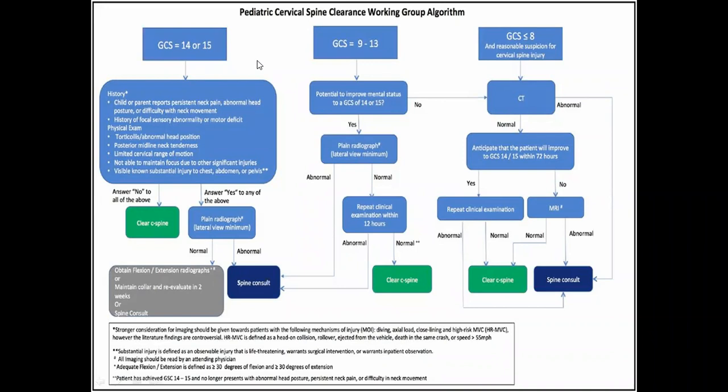If your GCS is normal, like 14 to 15, you need to ask for a history of neck pain, abnormal head posture like torticollis, difficulty in neck movement, or any focal sensory or motor deficit in the lower limbs. We need to think of all these things, and whether you have seen any significant high force injuries to the chest, abdomen, and pelvis, thinking that there might be some impact on the cervical spine as well.